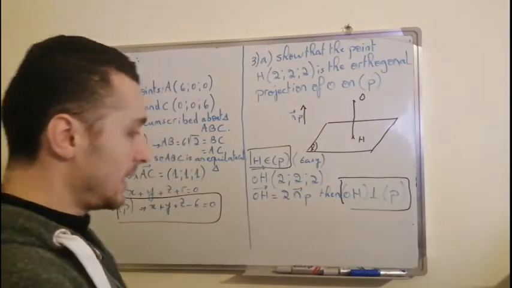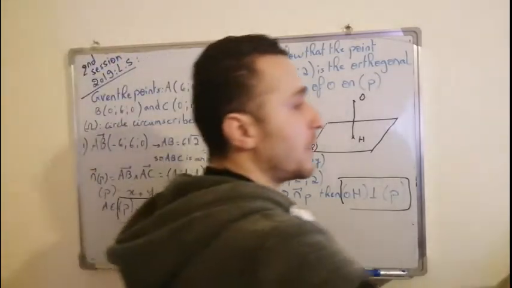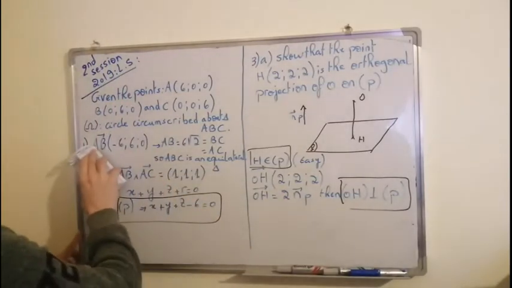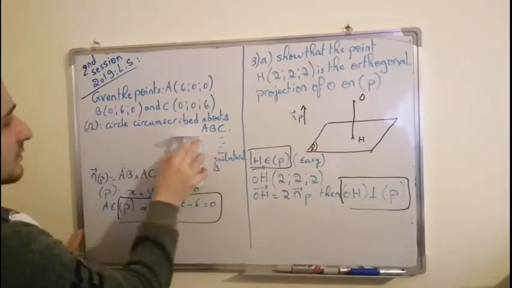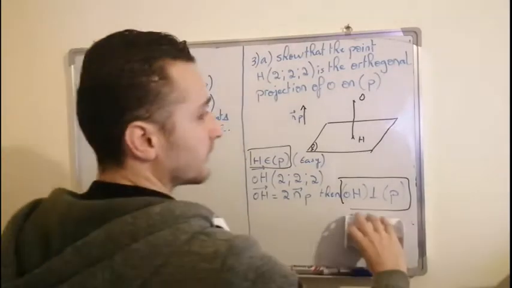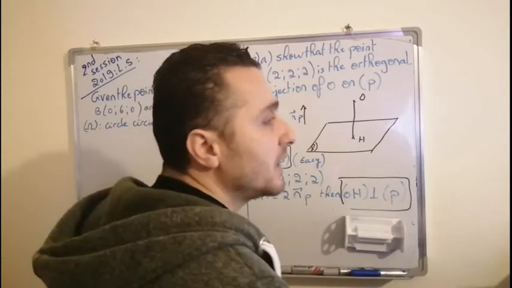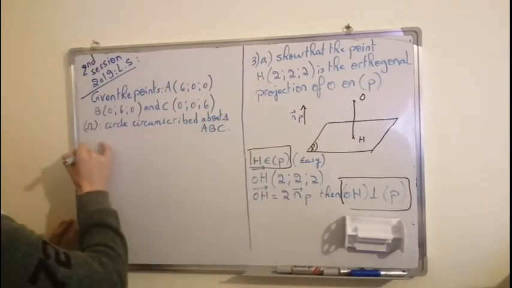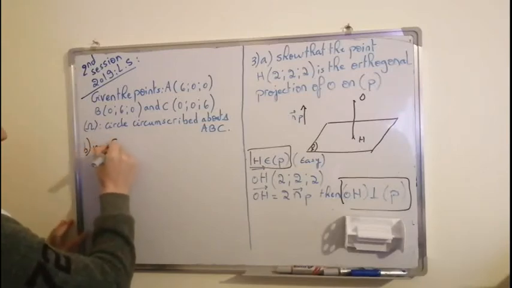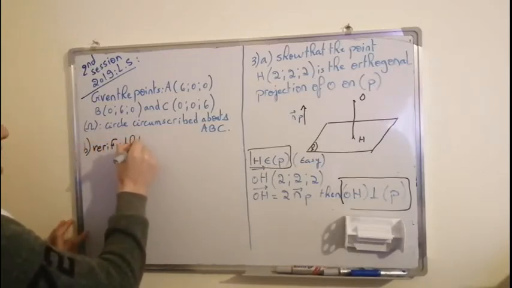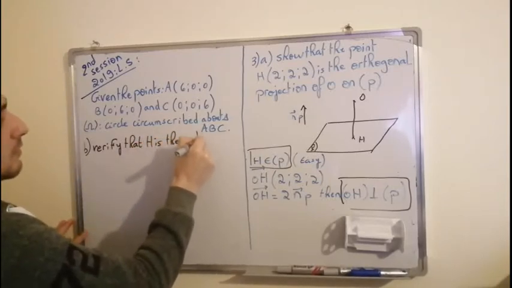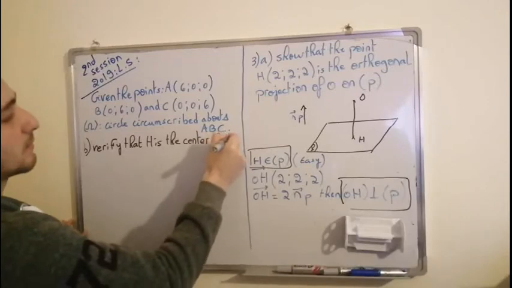Okay? Part number 3B. Prove or verify that H is the center of the circle gamma.